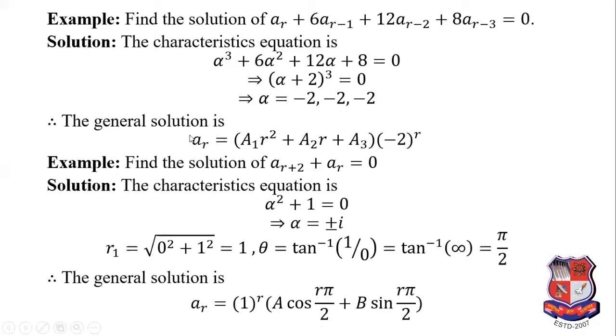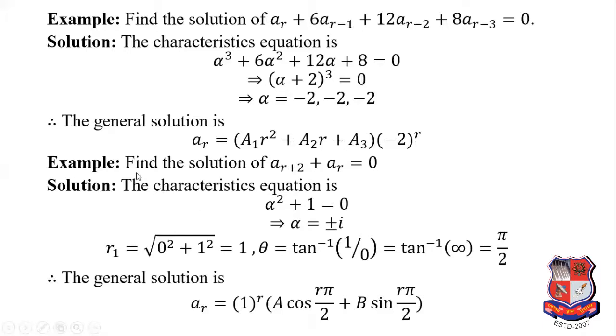So the general solution, by the second case where we have a repeated root, and here that particular root is repeated 3 times, we'll get (a1 r square plus a2 r plus a3) times minus 2 raised to r.